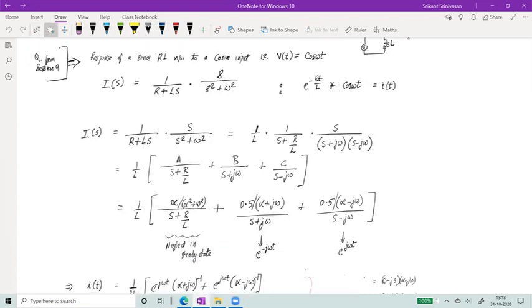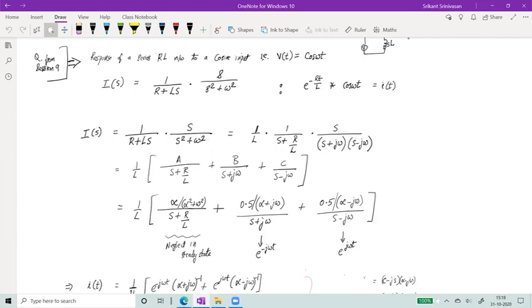Instead, we went ahead and solved it using the method of residues, where the current is 1 over R plus Ls into S by S square plus omega square. The denominator can be split into three terms: S plus R by L, then S plus j omega and S minus j omega, which form your S square plus omega square.